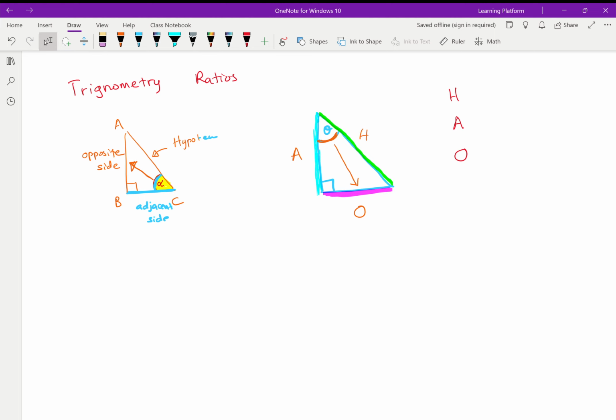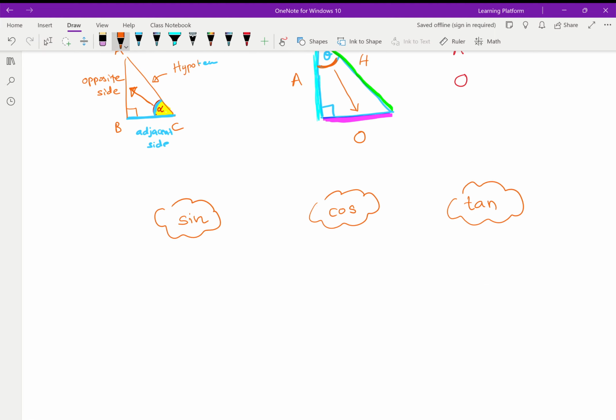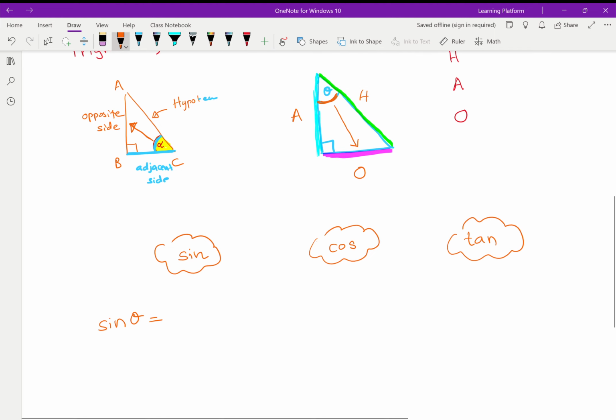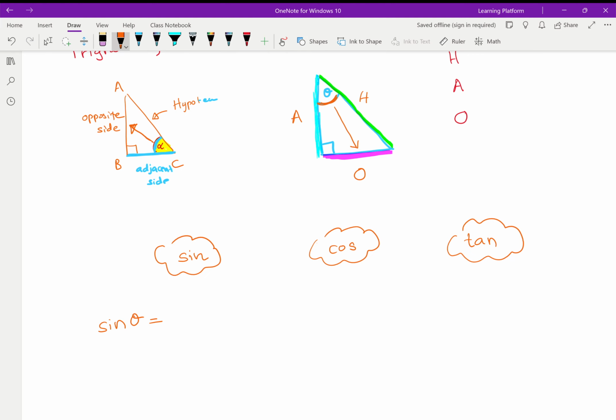You have three ratios. One is sine ratio, the other one is cos ratio, the other one is tan ratio. These three are the ratios that you have to learn. Sine theta. I will write sine theta for this angle, for this triangle. How to write sine theta?